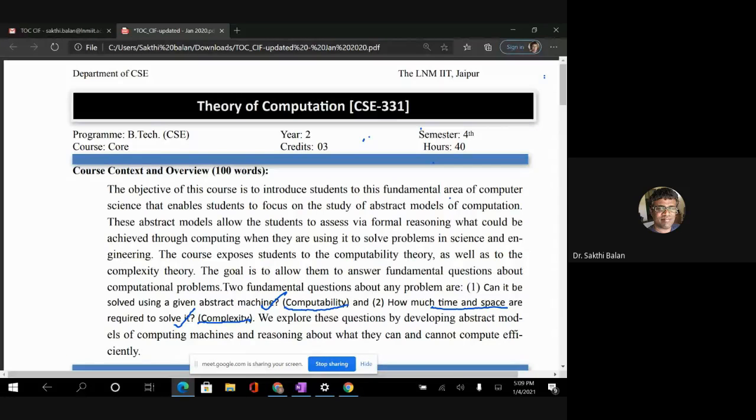How much resource you require is the space, and how much time you require is the time complexity. So time complexity, space complexity, and computability are the three things we will look at, answering them using the various abstract machines in this course. That is the objective of this course.